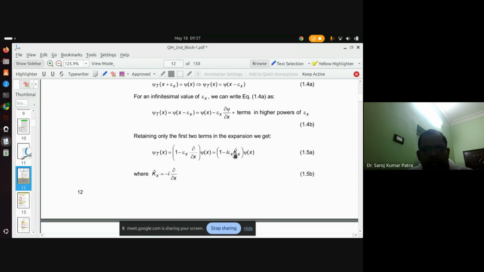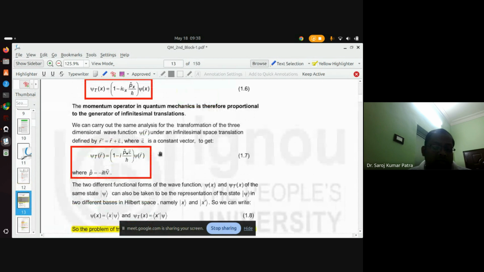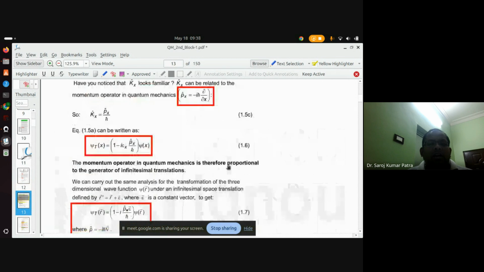So here kx is operating on psi(x), giving rise to this translation from x to x plus epsilon x. So this kx is basically called the generator of infinitesimal small translation along the x-axis. In three dimensions, the p vector, p cap equal to minus i h cross del, is the generator for translation in three dimensions. So the momentum operator in quantum mechanics is therefore proportional to the generator of infinitesimal small translation.